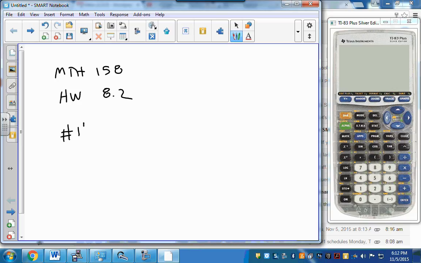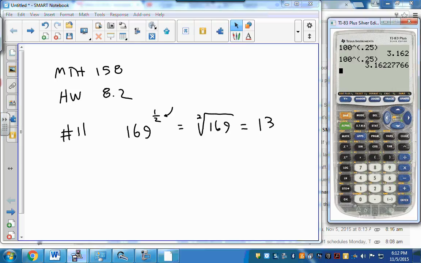Number 11 in the textbook says 169 to the 1/2 power. Remember, the roots are on the bottom. So this is the square root of 169. And if we know our 13 times 13, we have that immediately. If we don't, we could go to our calculator and just hit the square root button with 169 and get 13. Okay, so that's not bad.